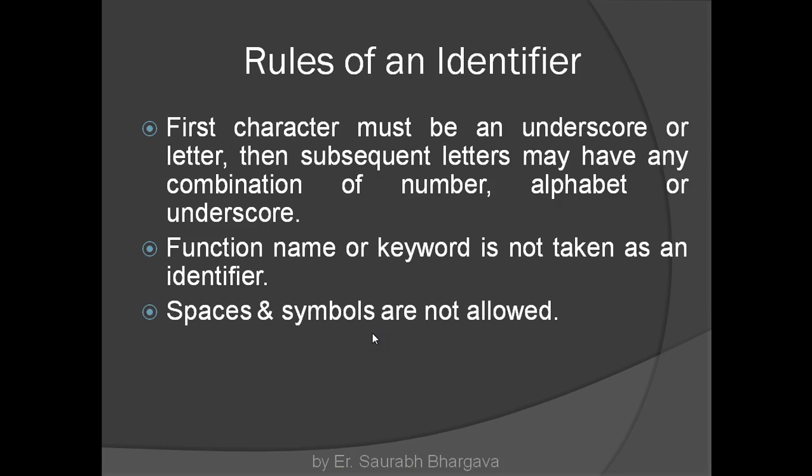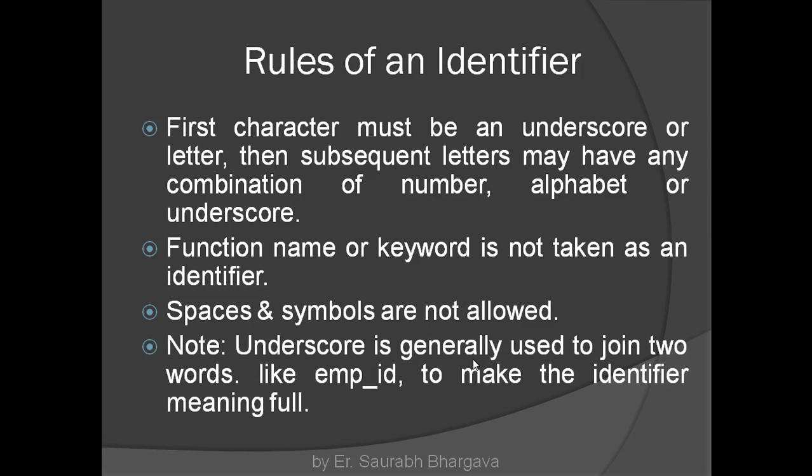Spaces and symbols are not allowed in identifiers. Underscore is generally used to join two words like EMP_ID, employee ID, to make the identifier meaningful. By this, anyone can know that this variable is holding the value of an employee ID.